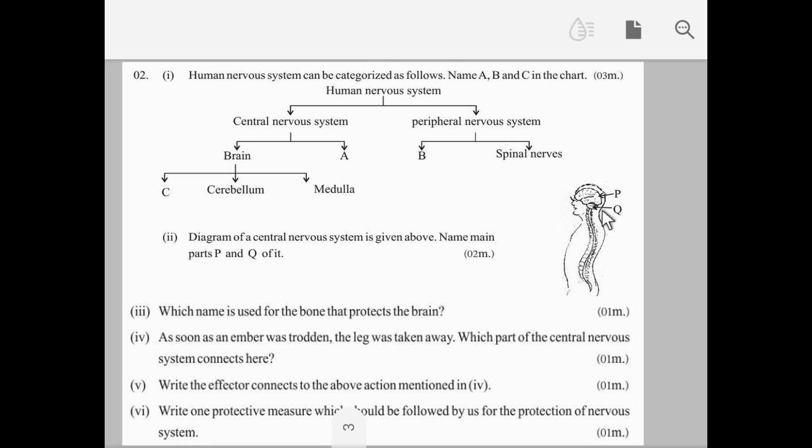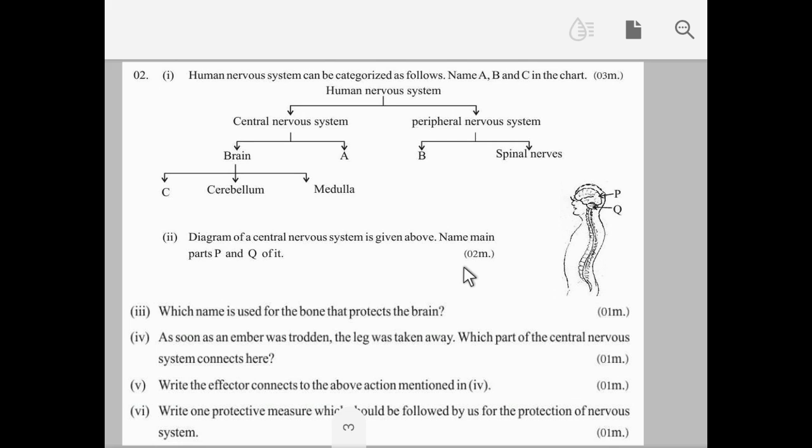Q is medulla oblongata or medulla. Medulla is good enough. P is cerebellum, Q is medulla. If the arrow is here, which is cerebrum.